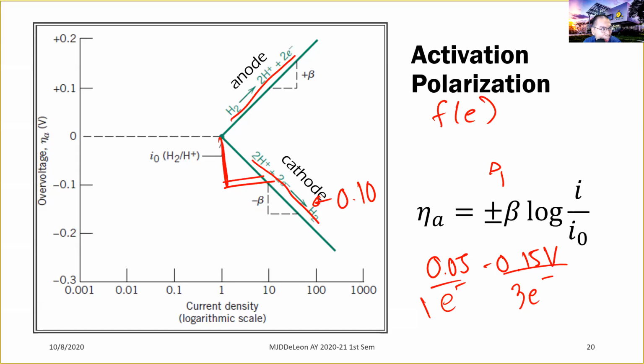Do we also multiply the slope by 2? No. It stays as is. Beta will be 0.05. Whatever beta is given for that material, use that. Don't look for another. We don't manipulate beta, we just take it as is.